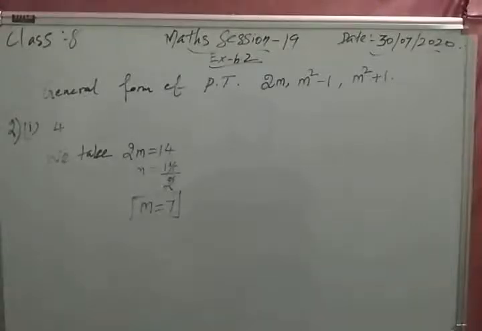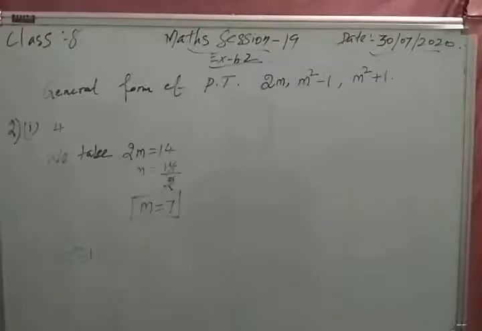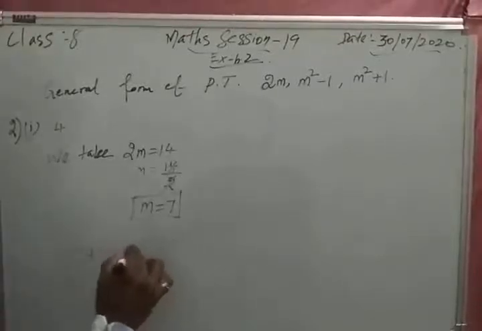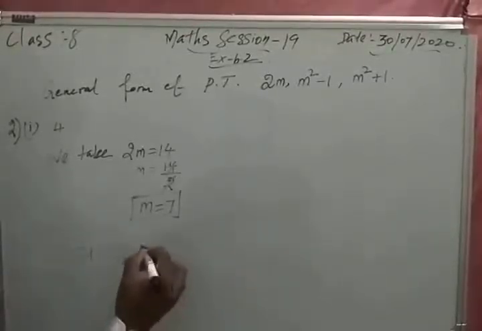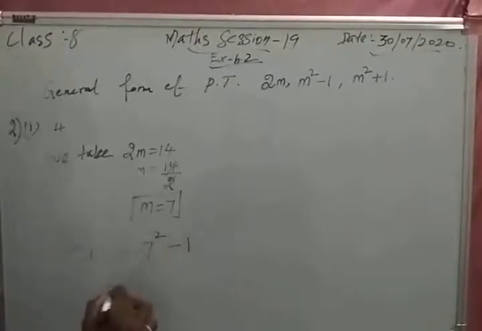Okay. Now we can take the next one, m squared minus 1. You just substitute the values. 7 squared minus 1. 7 squared is 49 minus 1, which is equal to 48.